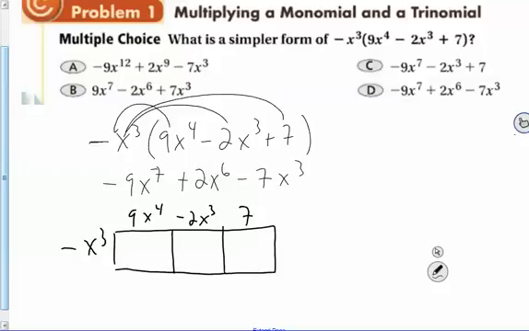If I do these, I get the negative 9x to the 7. And then this one makes the 2x to the 6th, and that's a positive. And then this makes a negative 7x cubed. It's just a visualization of doing it. Not a big deal. So the correct answer to this is obviously D. All right? So why don't you pause the video, do the got it, and I'll see you back here in about a minute or two.